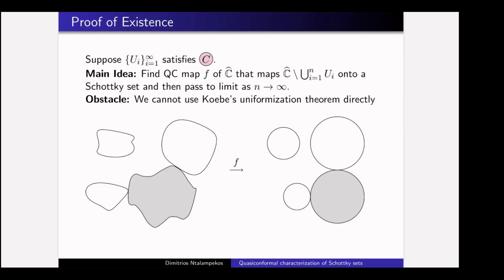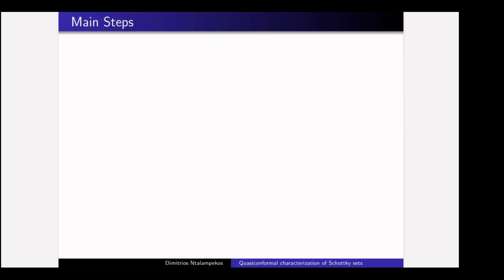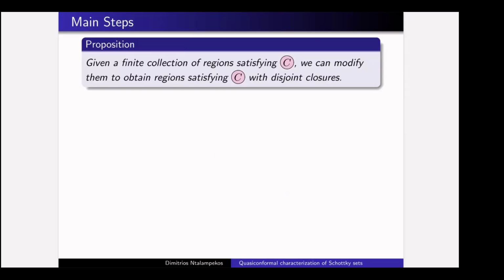Now, how can we fix this? There is a way to fix this, which is not easy. We can prove that if we are given a finite collection of regions satisfying condition C, then we can modify them to obtain regions that satisfy the same condition and have disjoint closures. Roughly speaking, the picture looks like this.